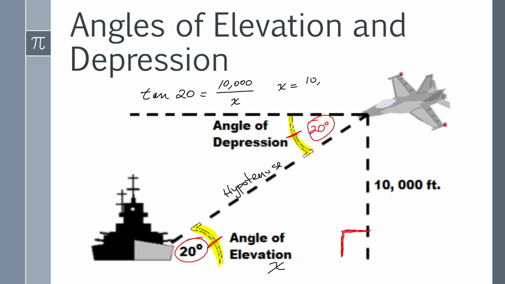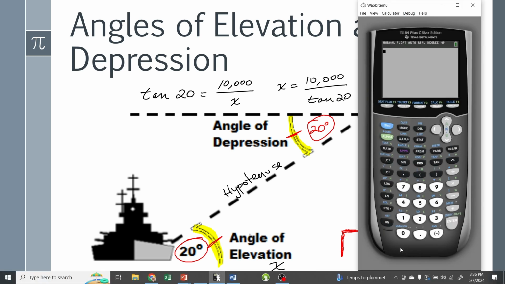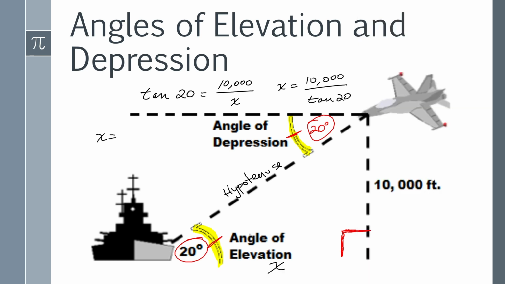So 10,000 divided by the tangent of 20 would be x. We take 10,000 divided by tangent of 20, and we end up with 27,474. So x is equal to 27,474.